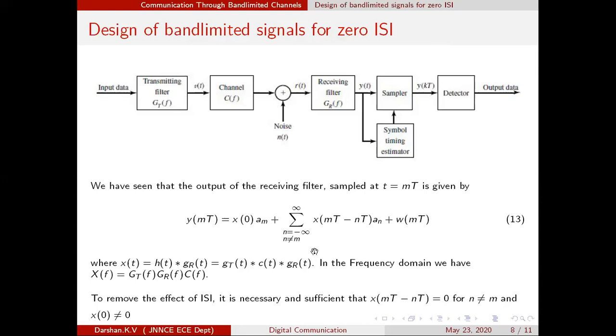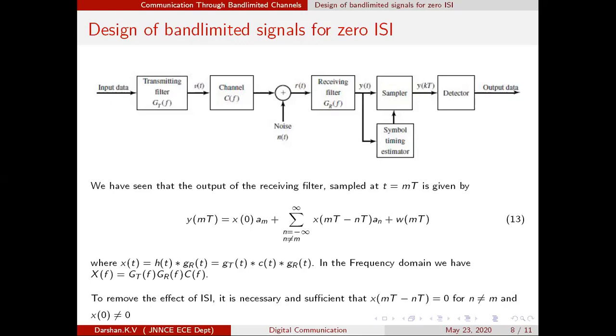So what do we need to do? We need to make this summation term 0. Now just concentrate on the summation term. What is present? Just observe over here: x of mt minus nt is one term, along with An. What are An? They are the amplitudes of the symbols, or they represent the symbols. You cannot make An 0.